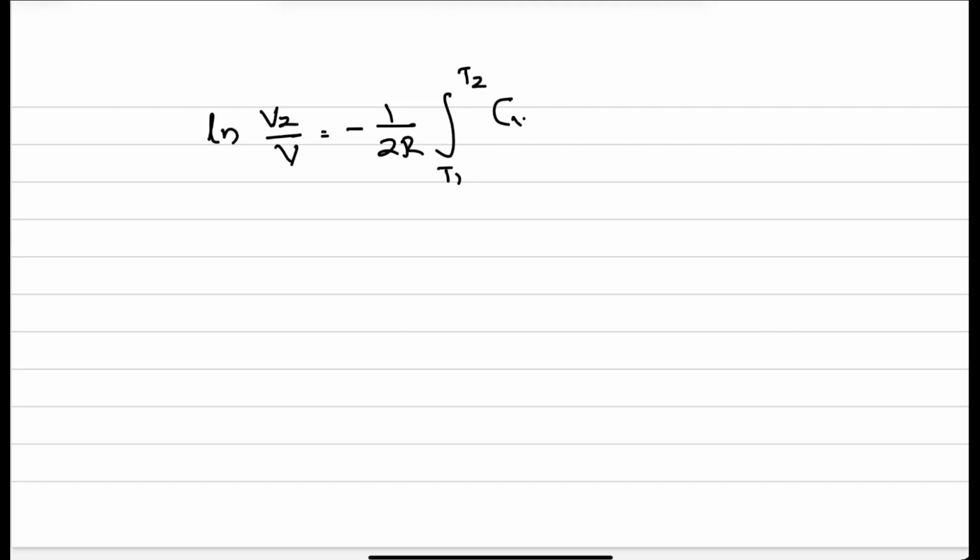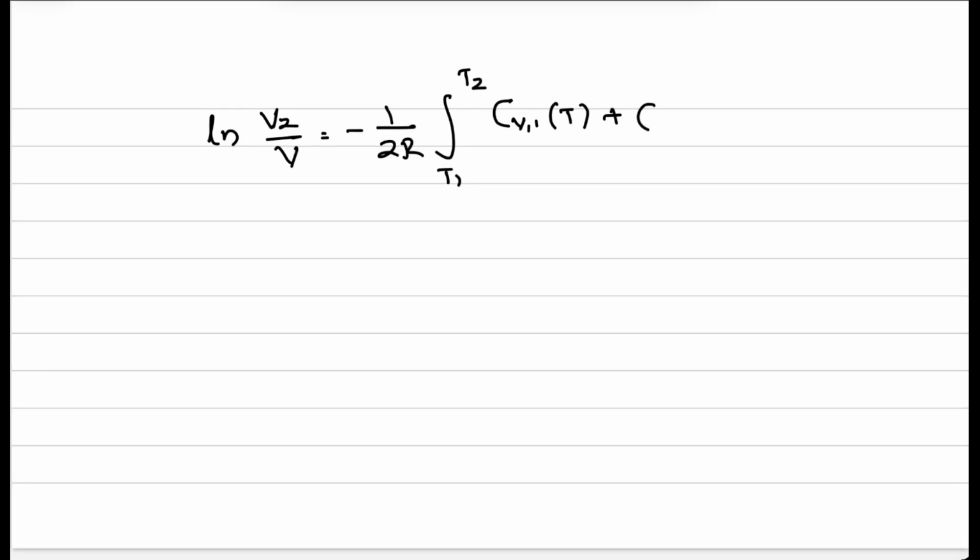From the above equation, what we will get is ln V2 by V1 is equal to minus 1 by 2R integral T1 to T2 of CV1 T plus CV2 T divided by T dT.